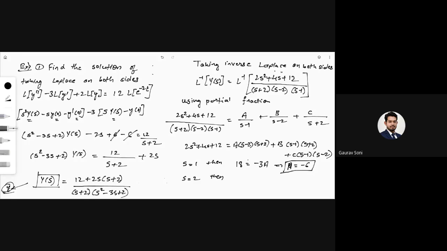So if I put s is equal to 2, then a and c will become 0. And from the second one, what do we have? So 2 square, 4, 4 to 8, 8 plus 8, 16. So this gives me b is equal to 7.